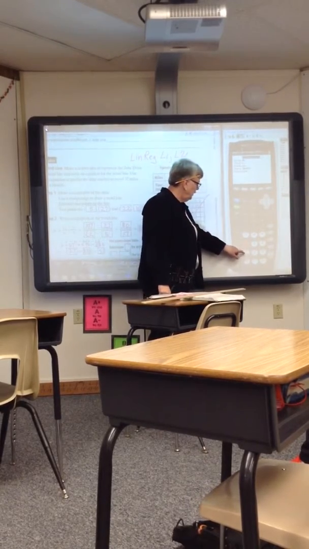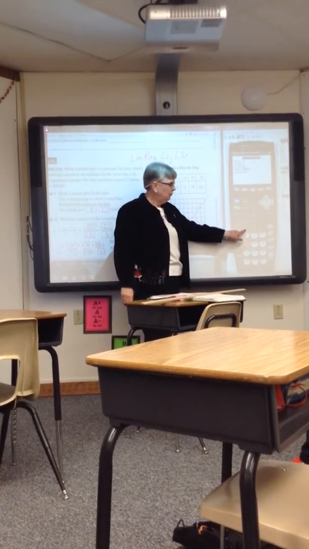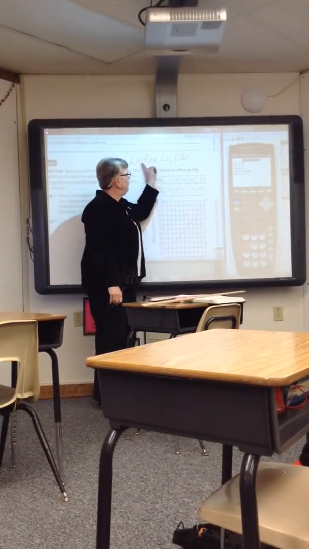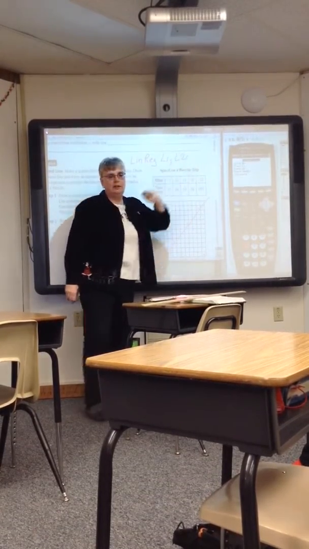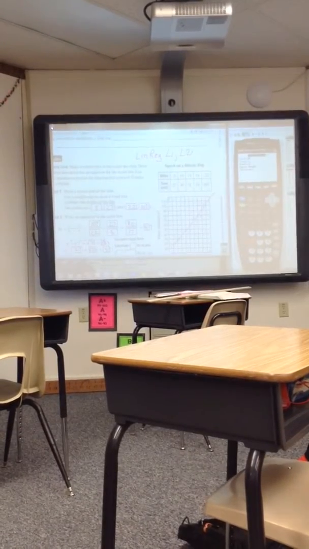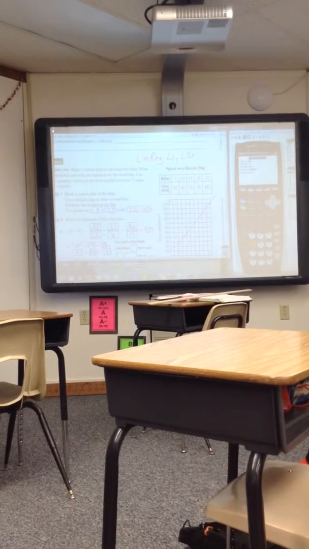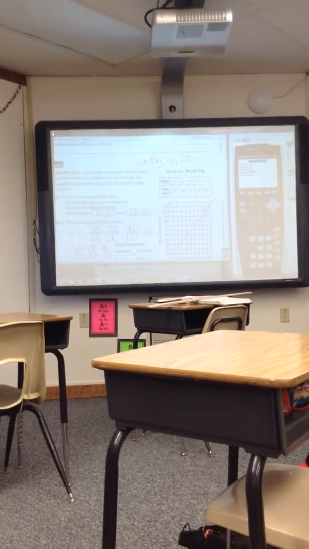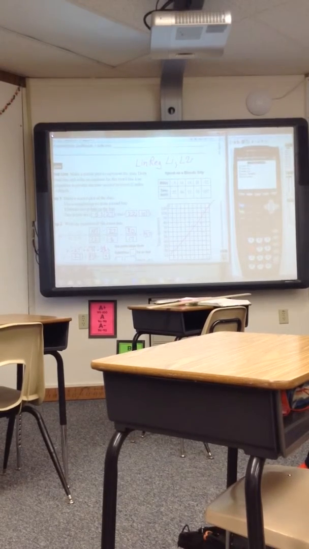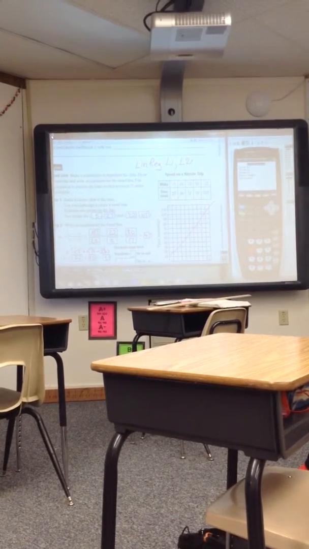And then there's a comma right here. And then alpha 2, so that it looks just like that. Alright, so you go stat, calculate, then number 4, then you go L1, comma, L2.